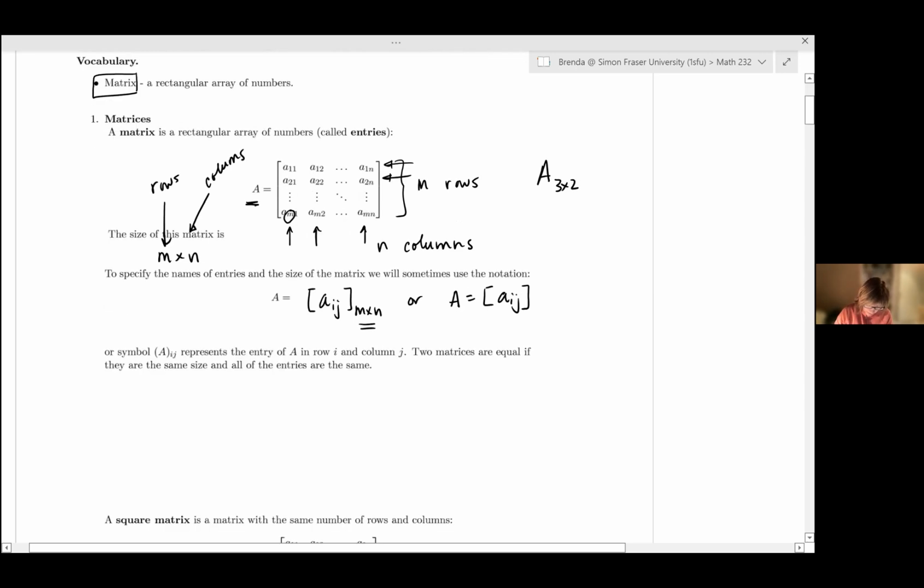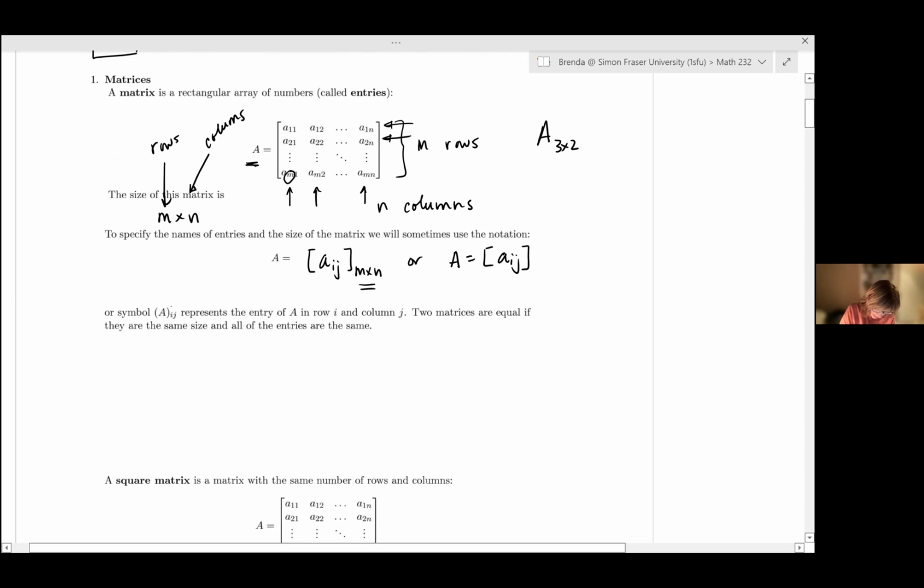This symbol here represents the entry in the matrix capital A which is in row i and column j. Okay, and two matrices are equal if they have the same size and every entry is the same.